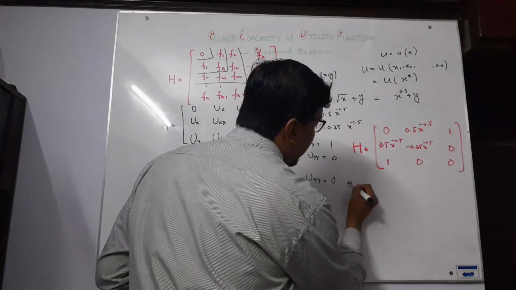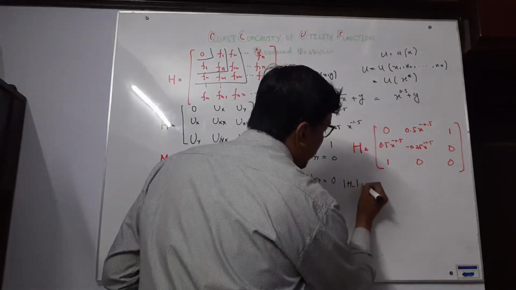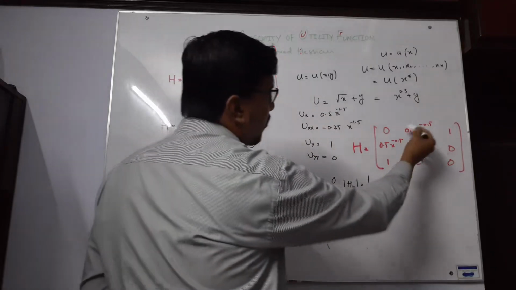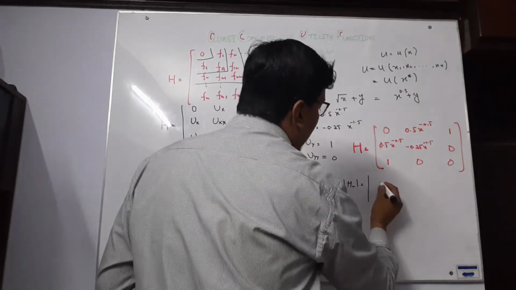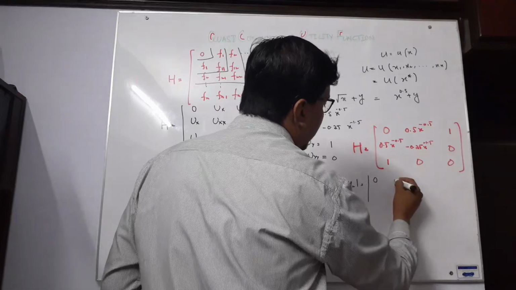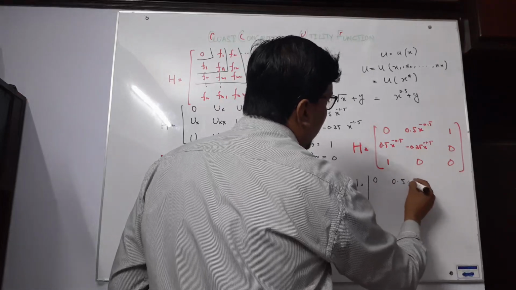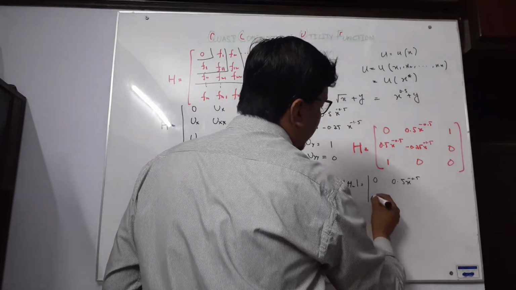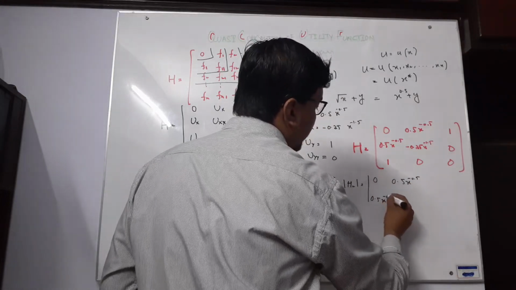So first you will make the H2. H2 means you are basically considering these four figures, and making this matrix.